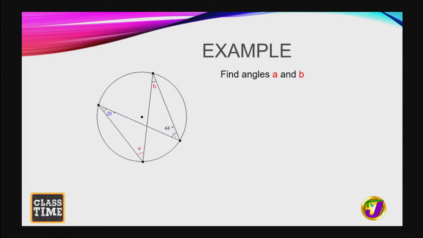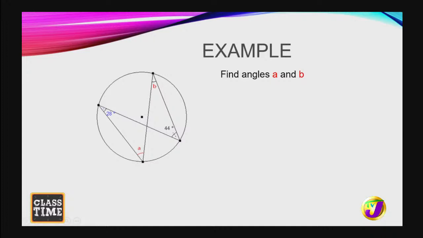So let us look at an example. Are we able to find angle A and angle B given the information that we know and the discussion we had earlier? Can you help me out a little bit, Brittany? You said to me that angles subtended by the same arc are equal.